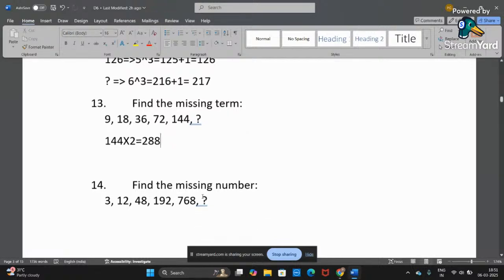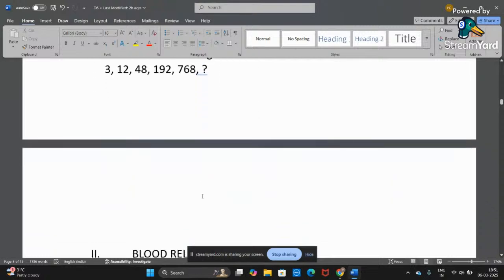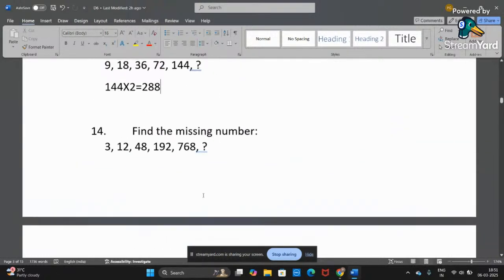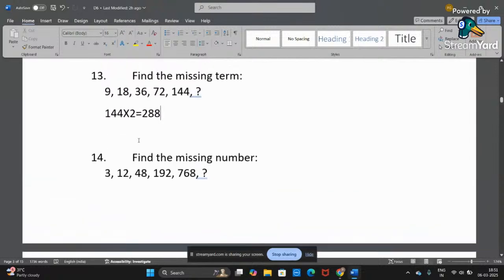Now let's move on to the next one. Even this is also easy. Just find the difference between the numbers. First find the difference: we got 12 after 3, 48 after 12. So 3 fours are 12, right? Yes. So 12 fours are 48, and 48 fours are 192.